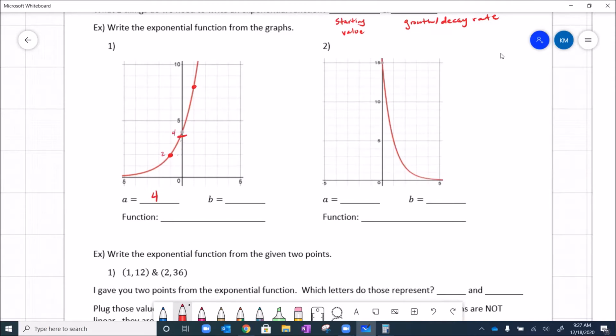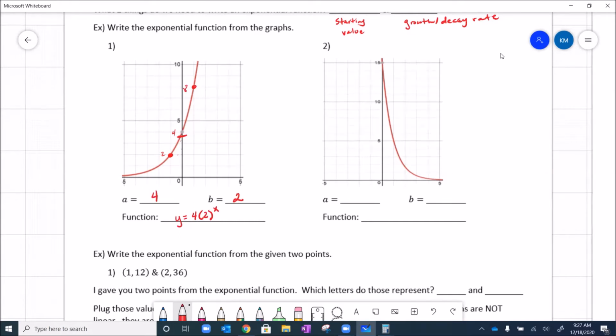What did we have to multiply to get there? Well, we multiplied by 2. We went from 4 to 8. We multiplied, so we can feel pretty confident that our growth factor is 2. So we have y equals a times b to the x.